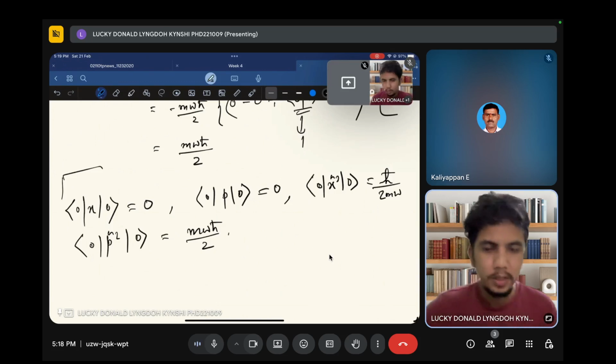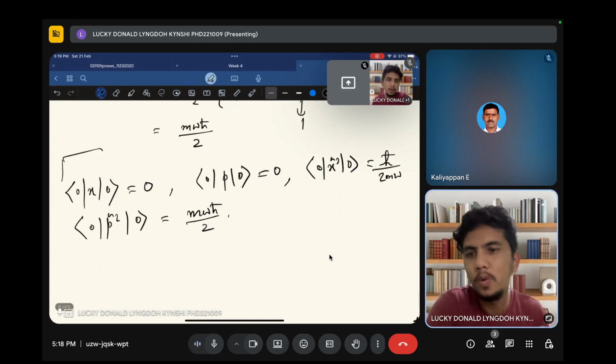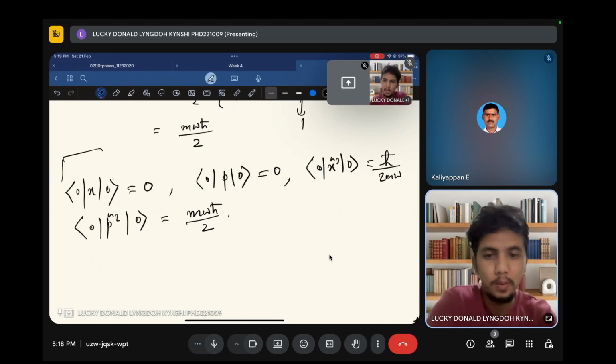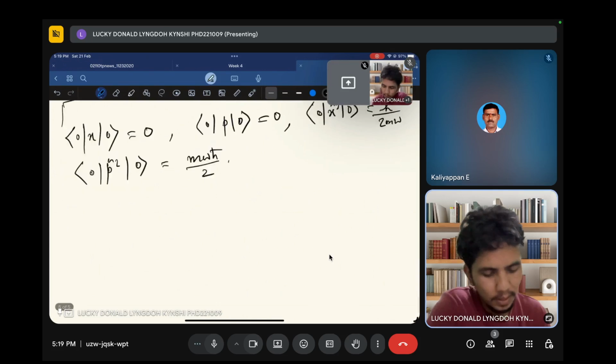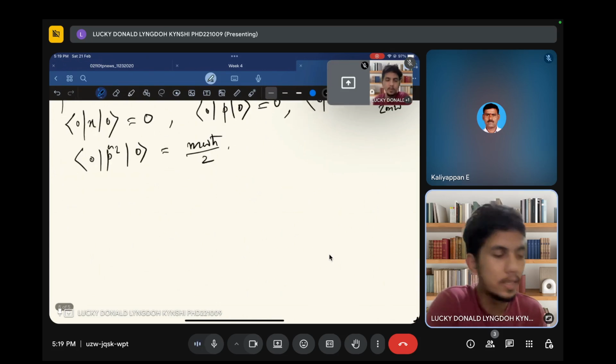Okay, so the first set of questions is done. They ask you to find the expectation value of x, the expectation value of momentum p, the expectation of x square, that is the position square, then the momentum square, and so on. Okay, so these 4 expectation values are done.